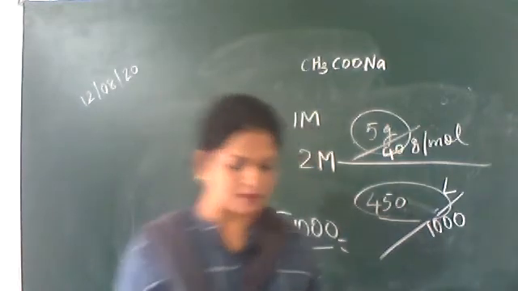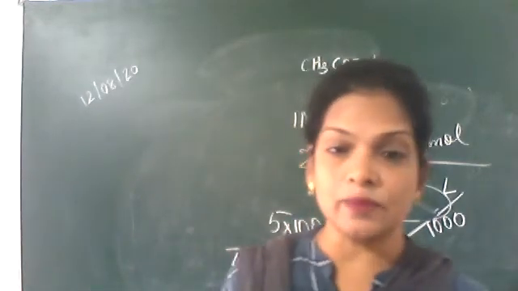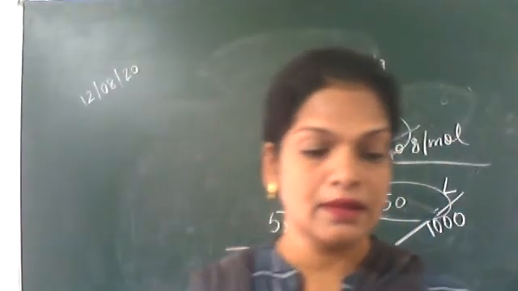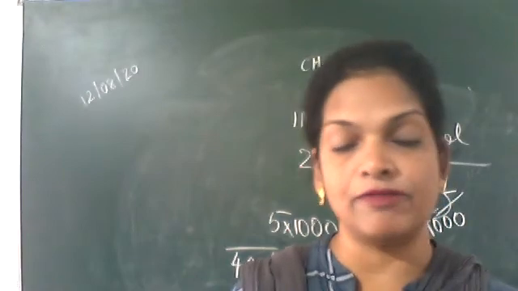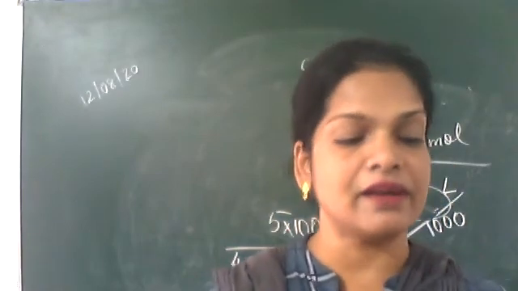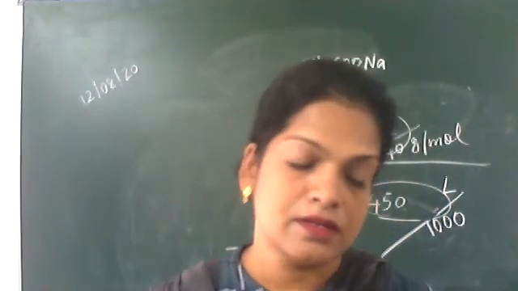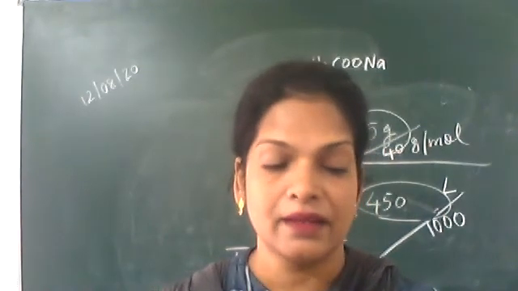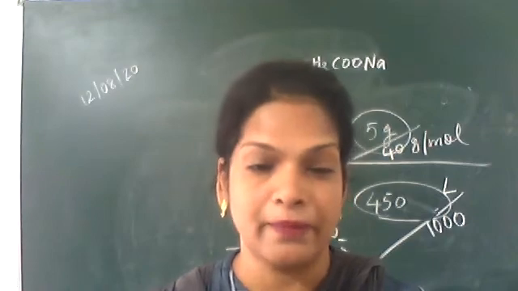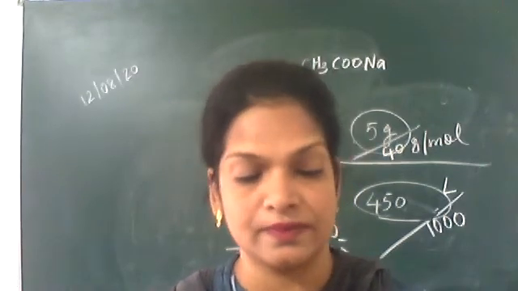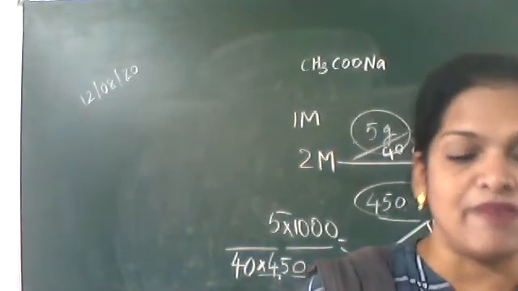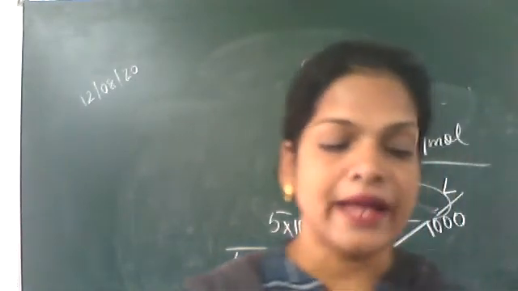Calculate the mass of sodium acetate required to make 500 ml of 0.375 M aqueous solution. पानी में solution बनाया.